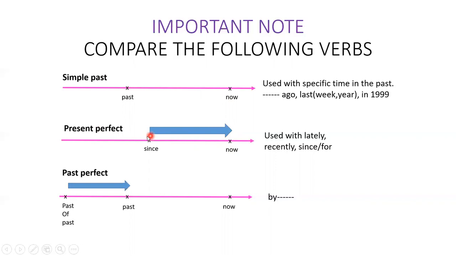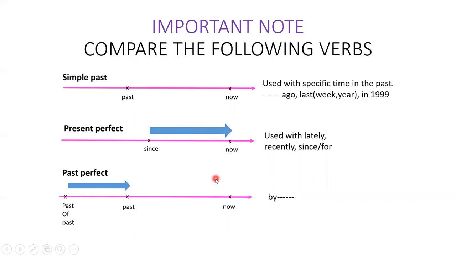The only time when we have a specific point in the past with the present perfect is when we use the word since. But as I told you, since is not the same as last week and in 1999, because these represent a point where the verb happened. Since, on the other hand, represents only the starting point of the verb. So the verb started since 1999, but continued up till now or just before now, or its effects have continued up till now.